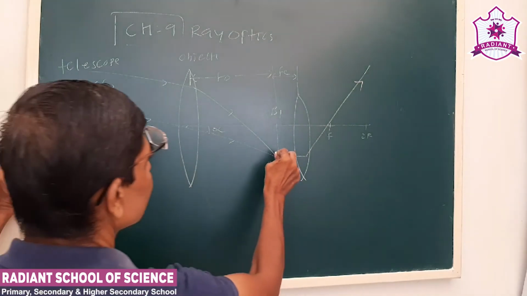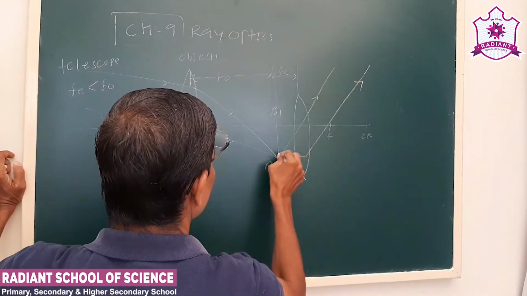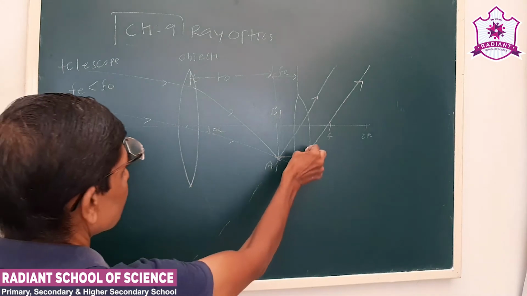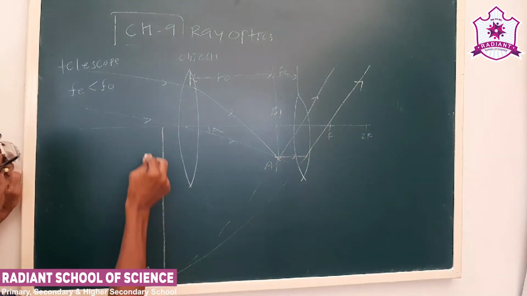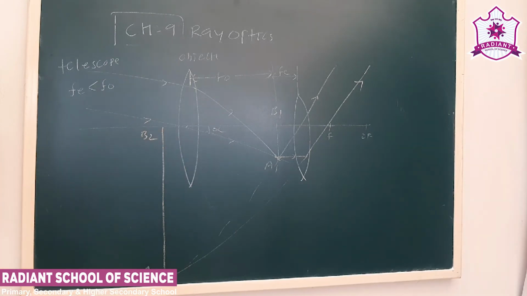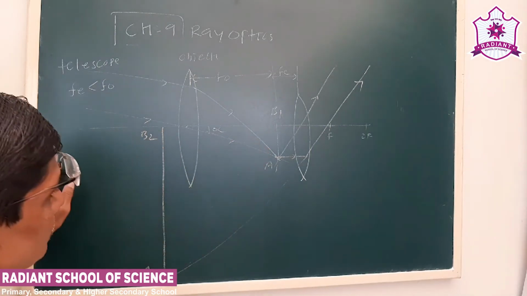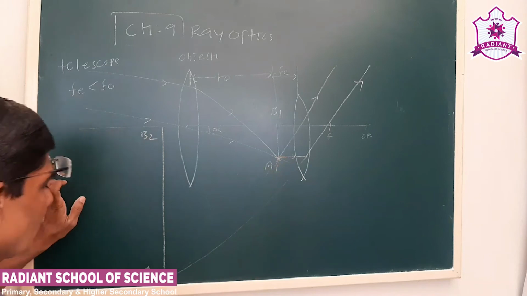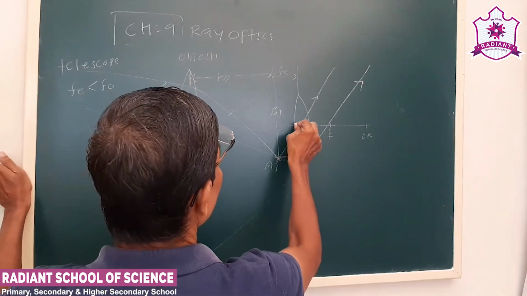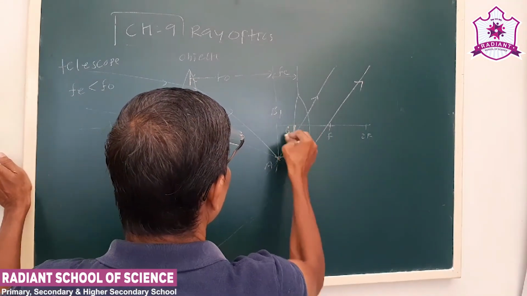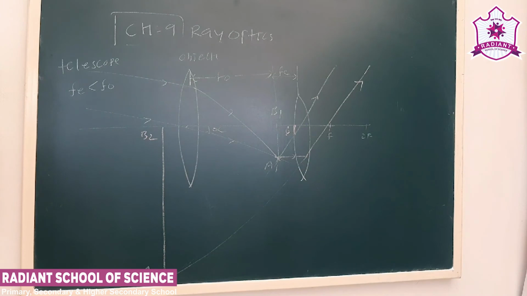After refraction, the final image is formed. This is how the image is formed. Now the angle subtended by the final image is beta.